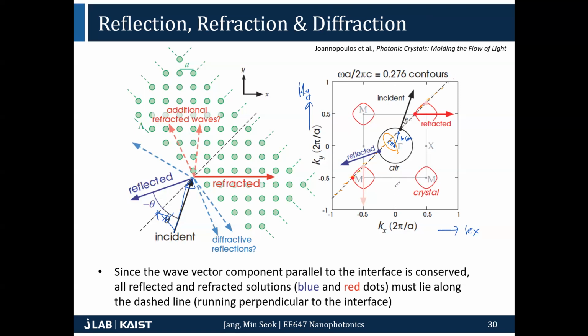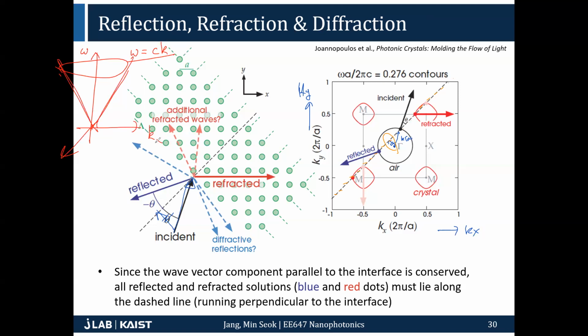Now what's interesting is that in the air, if you draw the dispersion relation of the air, it's K and omega having this shape, because omega is c K. So it's just a linear line.